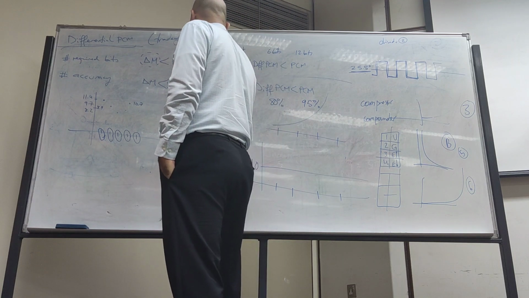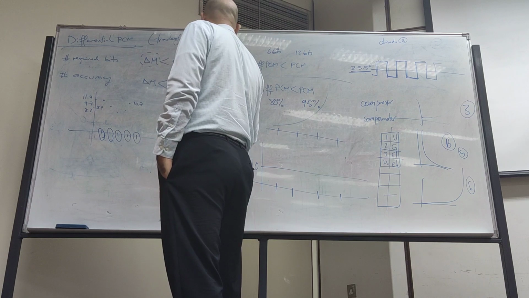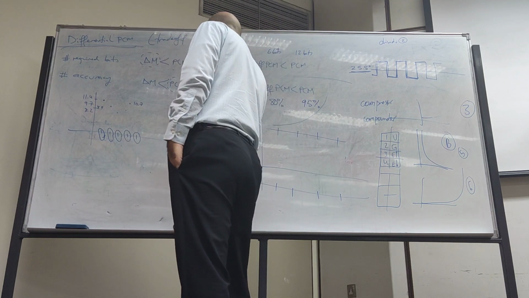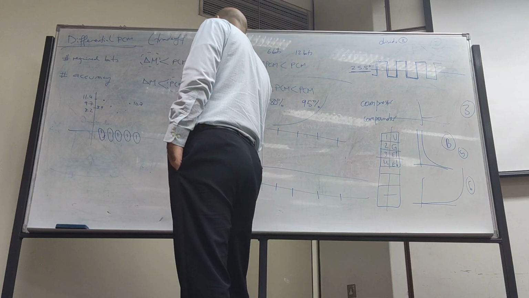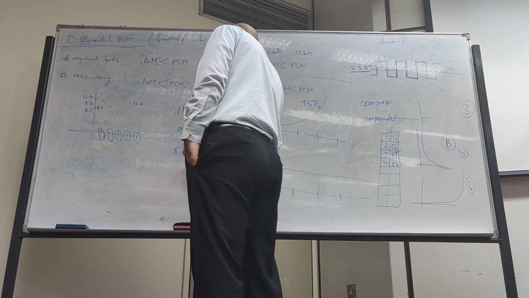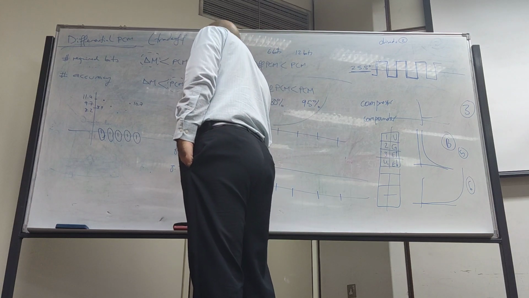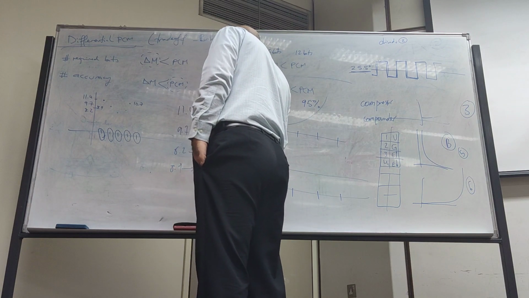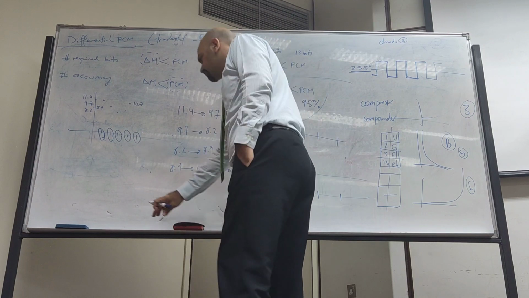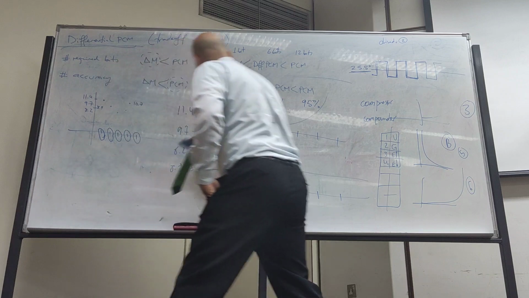From the 9.7 to the 8.2, this is 1.5. From the 8.2 to the 9.8, this is 0.7. From the 9.8 to 10.7, this is how much? 1.8. And so on. So the changes here.